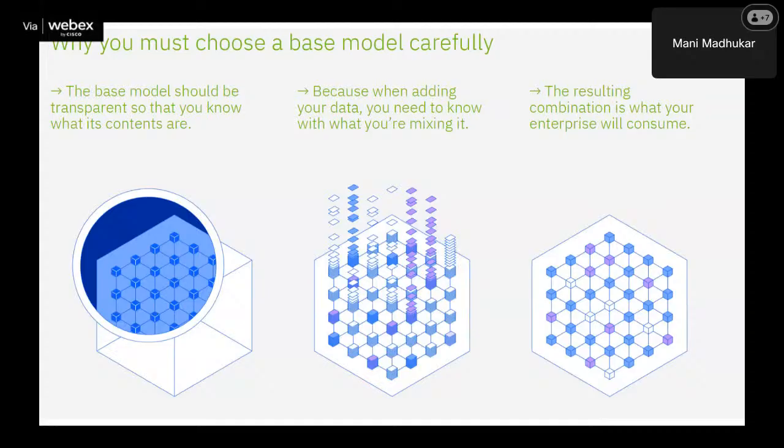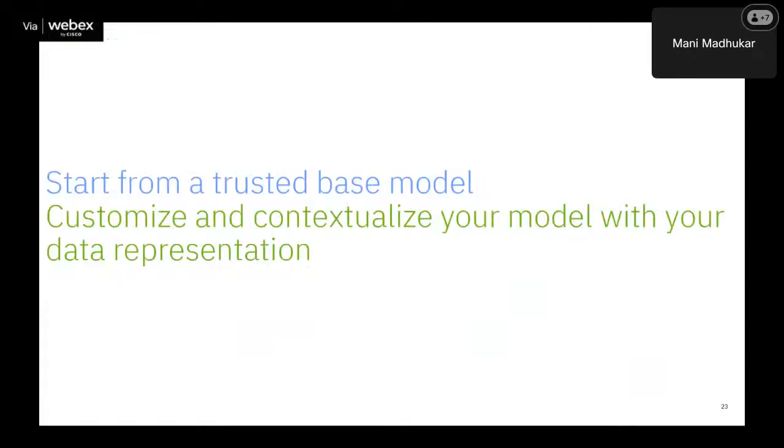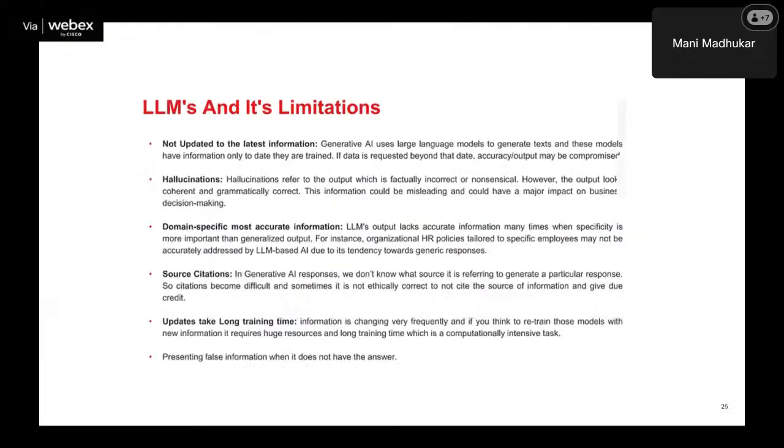So you need to know when this combination happens, what would be the effect for the enterprise which is consuming, what will be the effect for SMS when they're consuming that model, right? So that's why it's really important how you start. And of course, you need to start from a trusted base model and then customize the model with the data representation, right? Okay, we'll skip this.